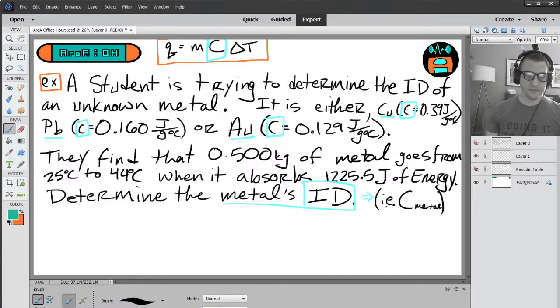Let's look at what we're given. We're given the mass of our metal, so check.